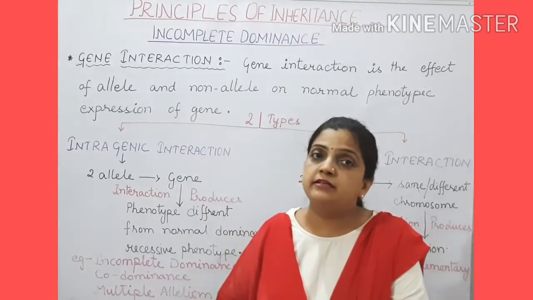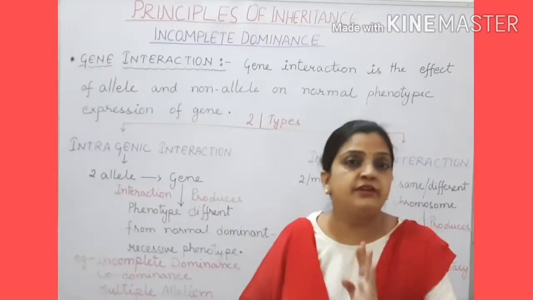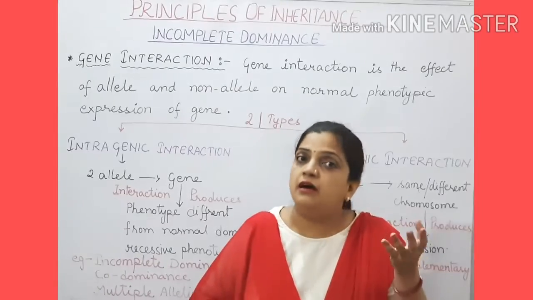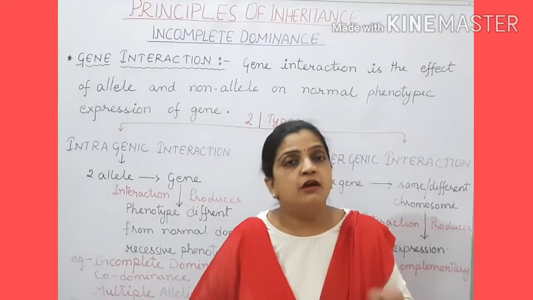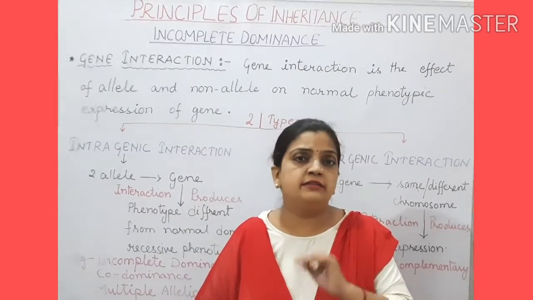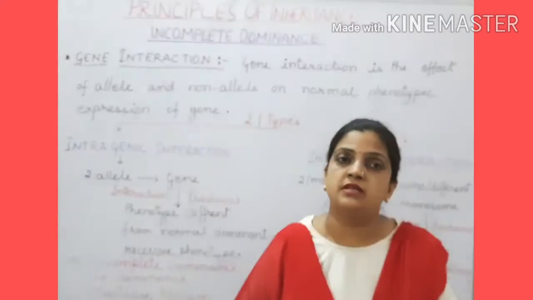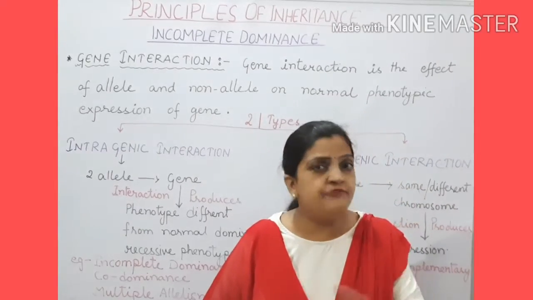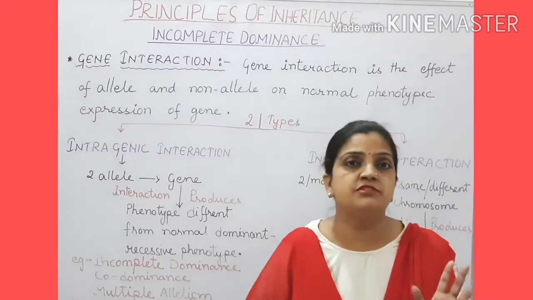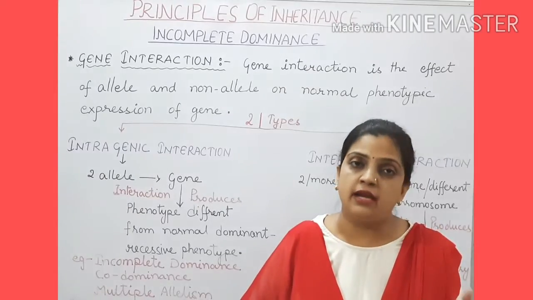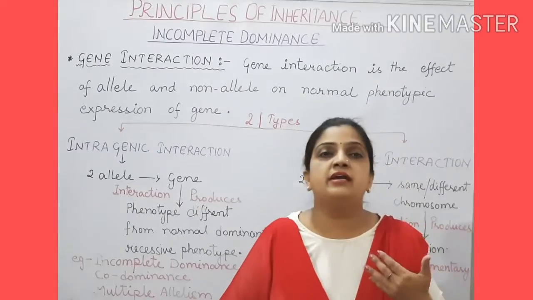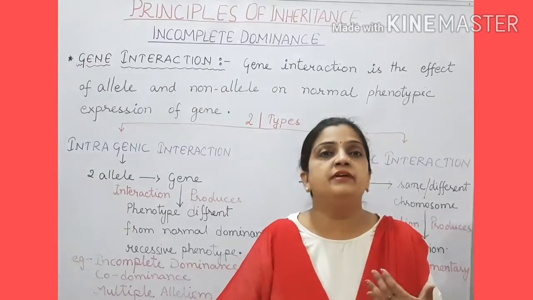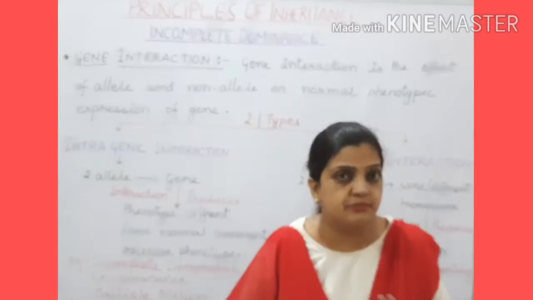For the character shape there is a different gene. For the character color there is a separate gene. For each and every character there is a separate gene present inside the body. Hair color, eye color, skin color, for everything there is a separate gene, and as they are expressed, the characters come in front of us as a phenotypic expression.